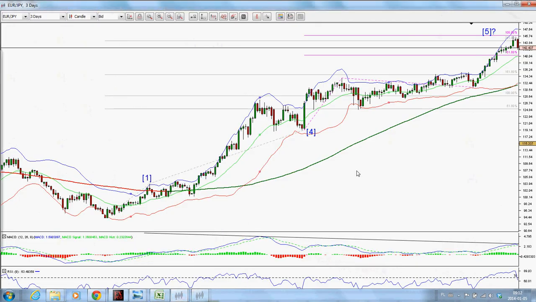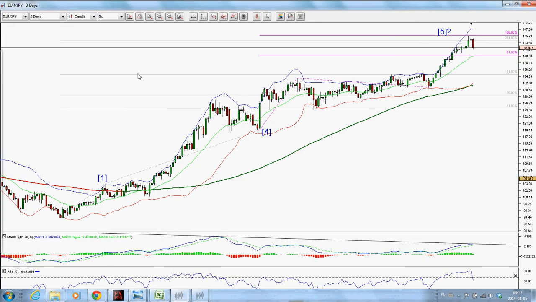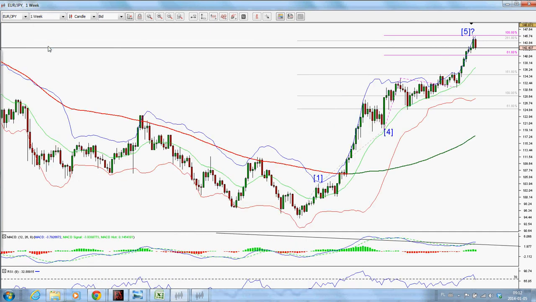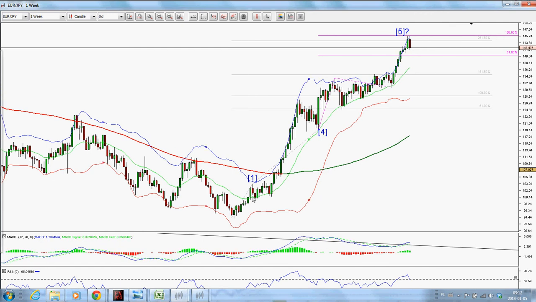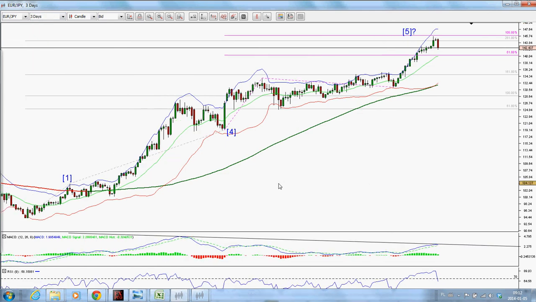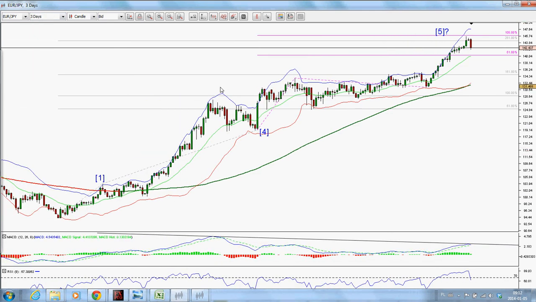Japanese yen. Okay, this is the development on the 3 days chart or on the weekly. Looks the same. Of course, on the 3D charts you have more detail. 1 and 2.